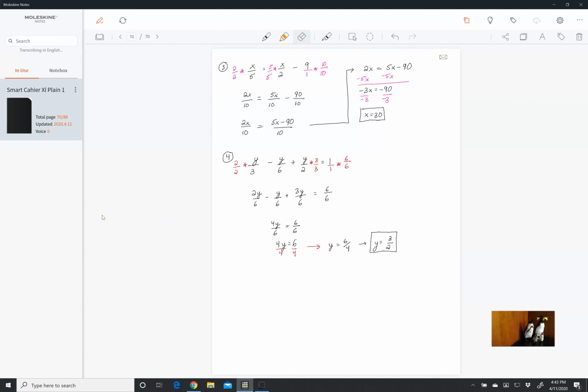Okay, let's take another one. So we have 2 over x plus 5 is equal to 2 over 5 minus x over x plus 5.